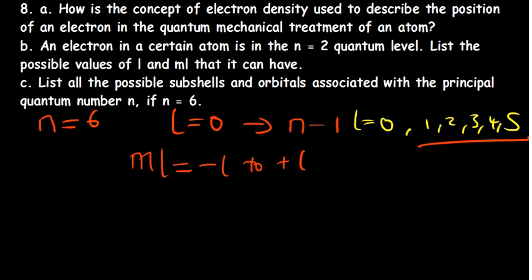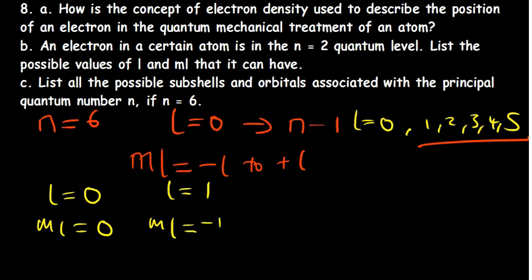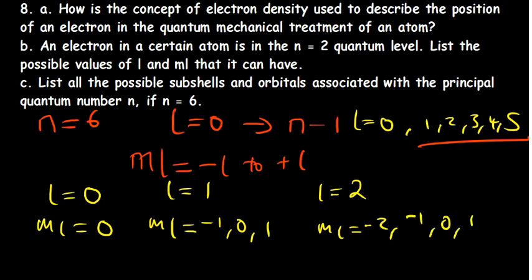For L equal to 0, ML is just 0. For L equal to 1, ML goes from its negative to its positive, which would be negative 1, 0, and 1. And for L equal to 2, it's going to be negative 2, negative 1, 0, 1, and 2. This applies to all the other L values you have. You continue indicating as such.